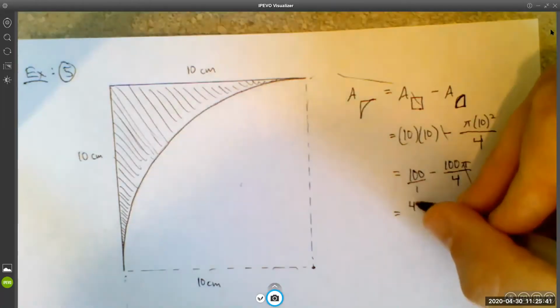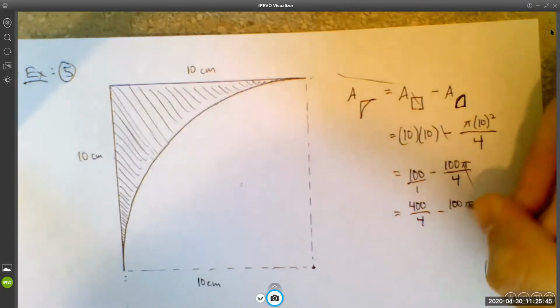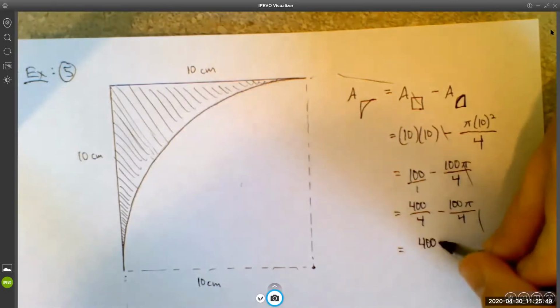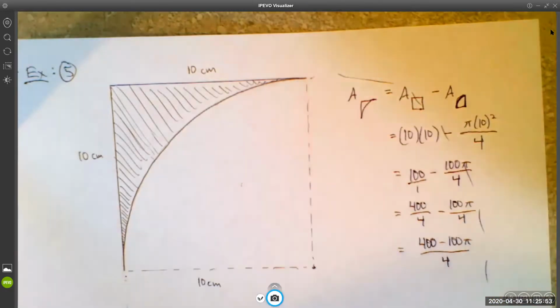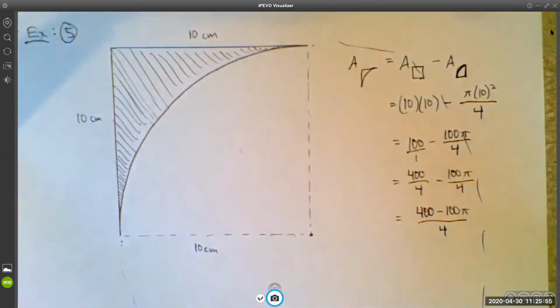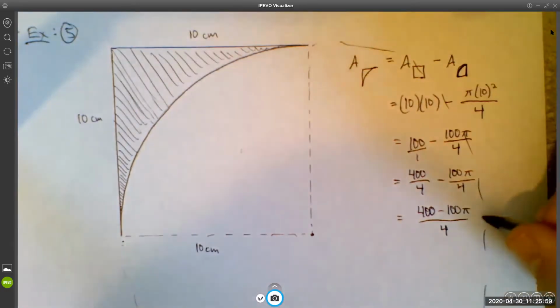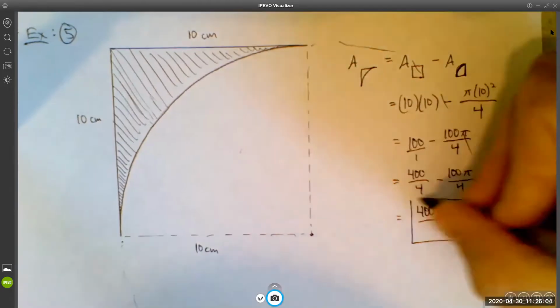So I get 400 divided by 4 minus 100 pi divided by 4. So that's going to be 400 minus 100 pi, all divided by 4. That's I think as simple as it's going to get. Right? That's your exact answer. And this is square centimeters. All right? So there's your exact answer.